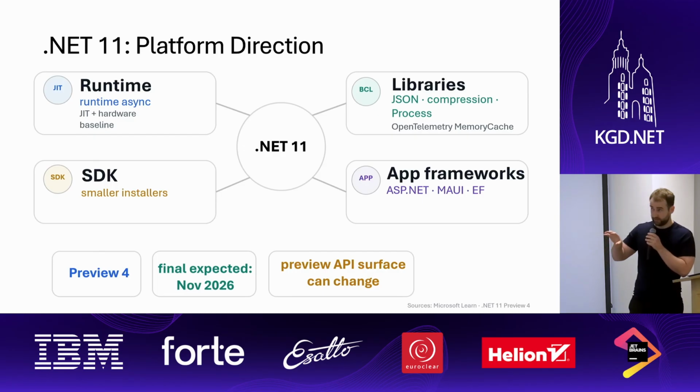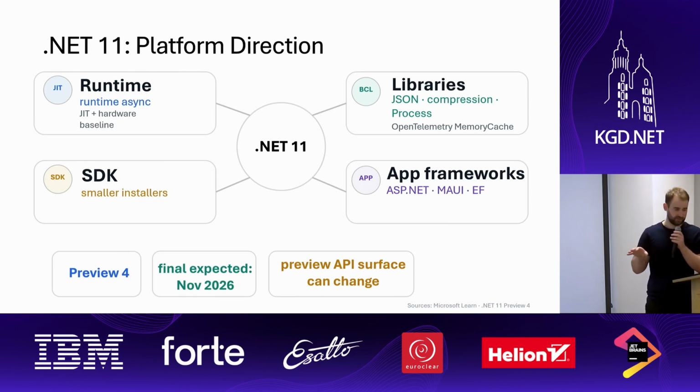My favorite thing here is runtime async, of course, and I will address it a bit later. We also have just-in-time compilation improvements. For libraries, the focus includes JSON, compression, Protobuf APIs, and telemetry around memory cache.